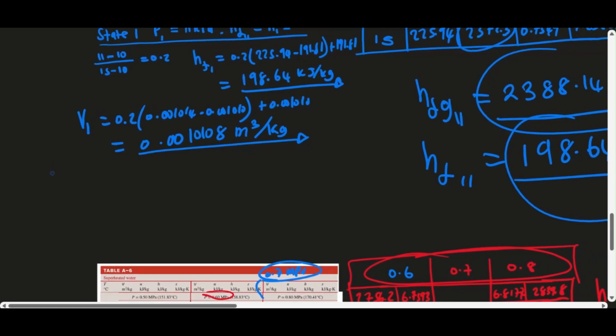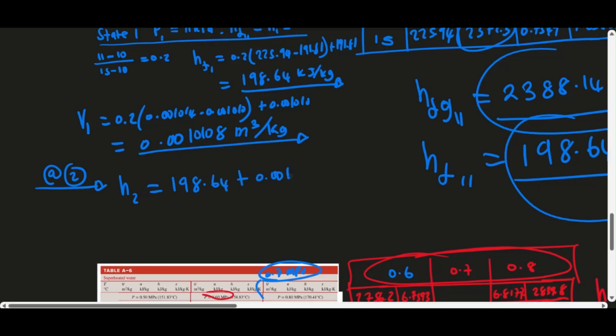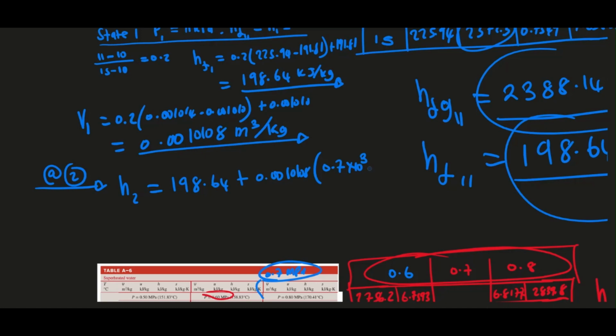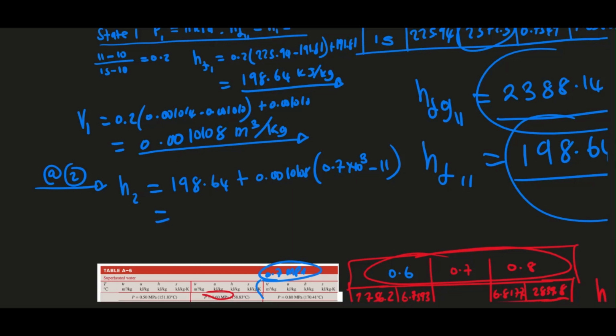At state 2, H2 is equal to H1, which is 198.64, plus 0.001008 multiplied by P2 minus P1, where P2 is 0.7 times 10 to the power 3 minus 11 kPa, multiplying by 10 to the power 3 to convert the 0.7 megapascal to kPa.